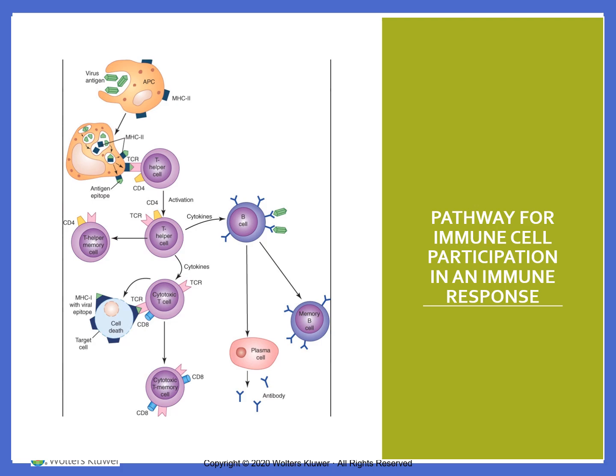That T helper cell then goes on to further activate either more T helper cells or our B cells. And then you'll also see here the presence of cytokines to enhance that process. Once the B and T lymphocytes are activated, they become amplified in their action by the cytokines that are also released as part of that innate response.